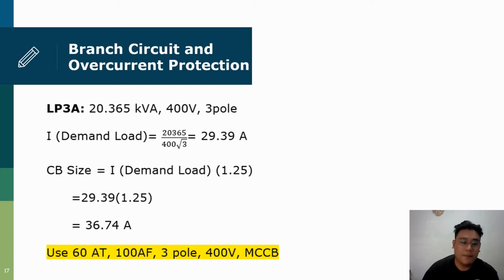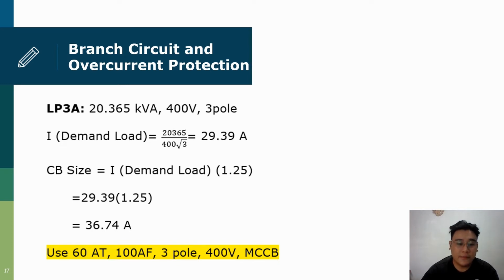To get the current demand load: 20,365 over 400 times the square root of 3, which doesn't require a demand factor again, equals 29.39 amperes. To get the circuit breaker size, our formula is current demand load times 1.25, because the additional 25% is for the protection of the circuit breaker.